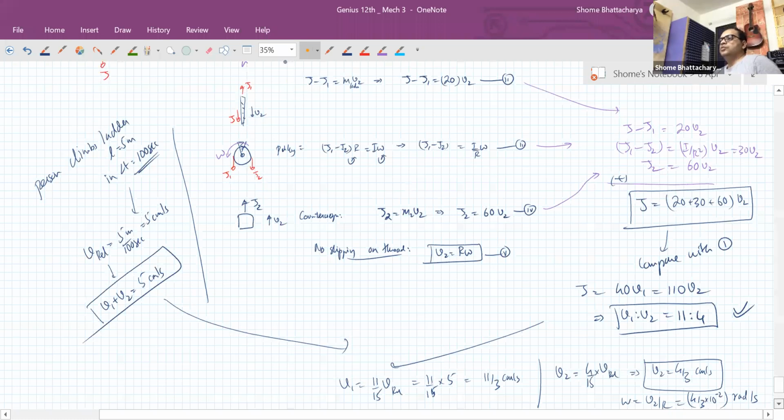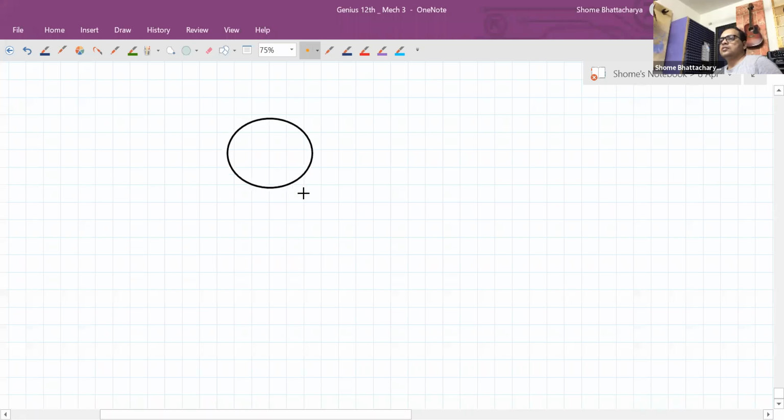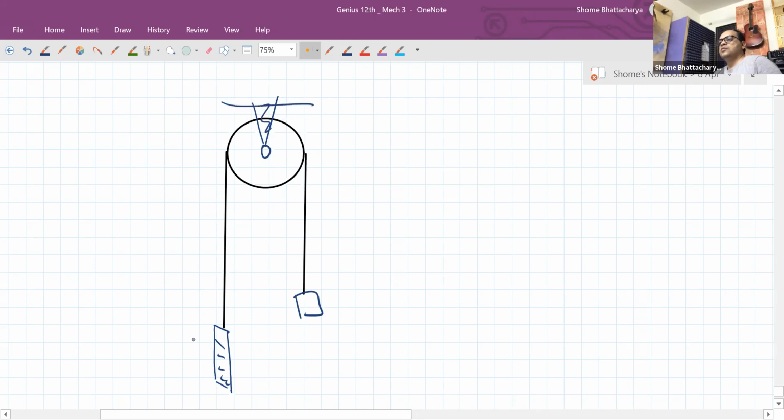Now we can apply a conservation principle here. At the time when the person applies an impulse on the ladder, the ladder applies an equal and opposite impulse on him.